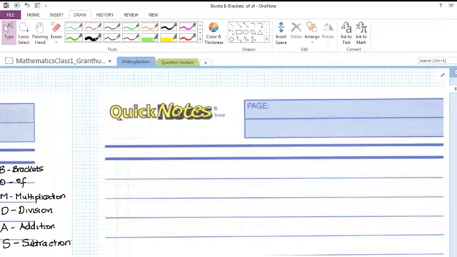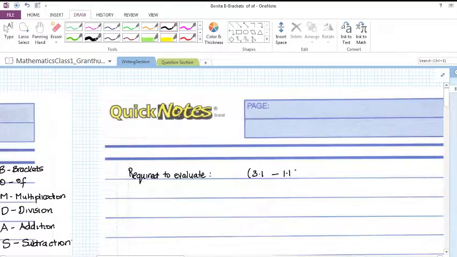For the next part, I'm heading up my work this way: required to evaluate (3.1 minus 1.15) squared, all divided by 0.005. That's what they want me to work out.